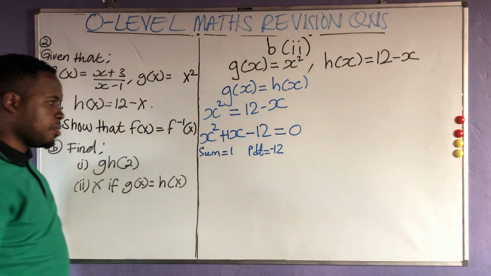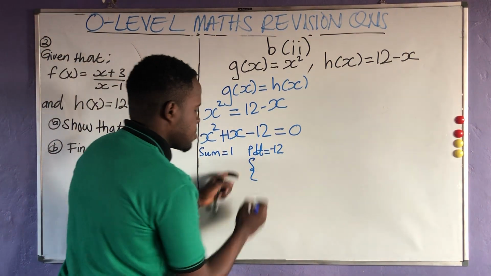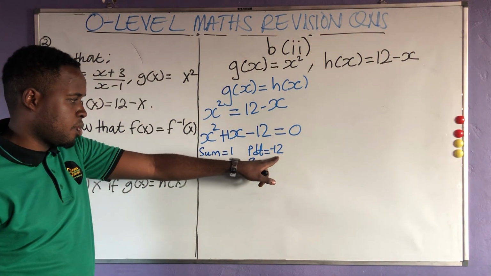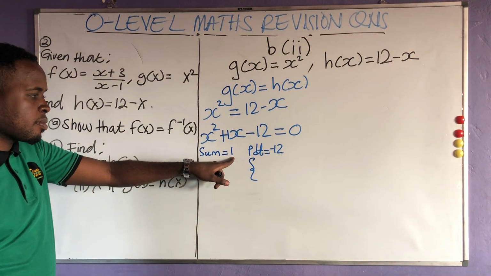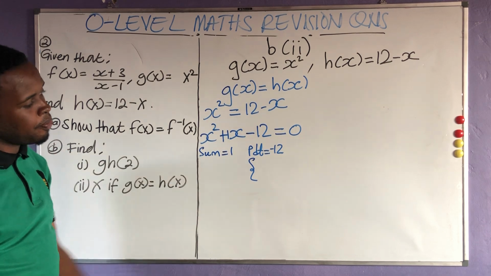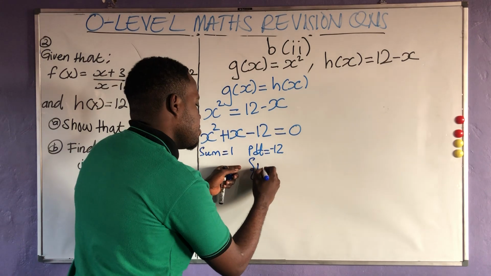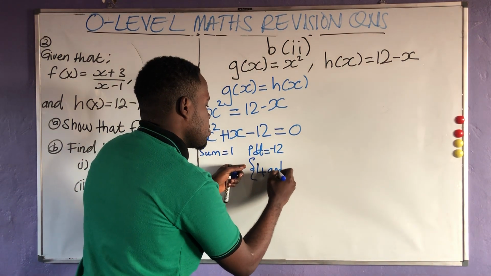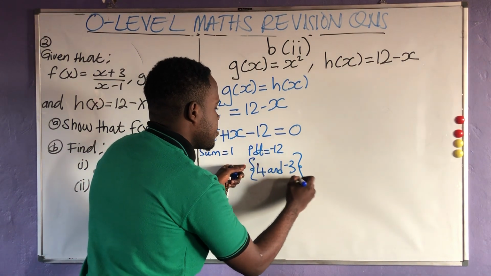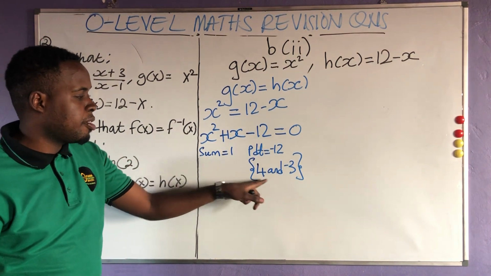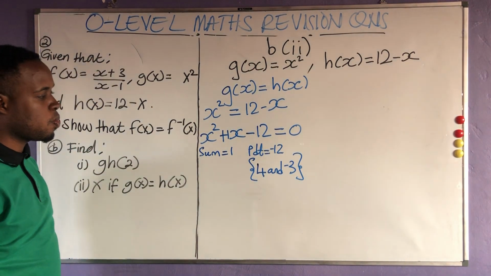So friends, we are going to get two factors such that when we multiply them, we get negative 12, and when we add them, we get 1. Those numbers are going to be 4 and negative 3. When you add them, you will get 1. When you multiply them, you will get negative 12.